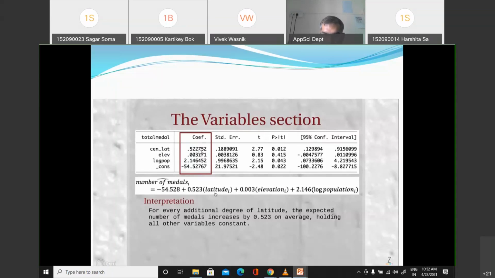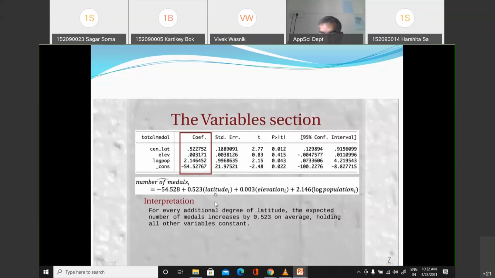This value should be this far from the hypothesized value. Hypothesized value in all these cases is 0. Does it make sense? Hypothesized value of all these coefficients for each of these variables is 0. Why?